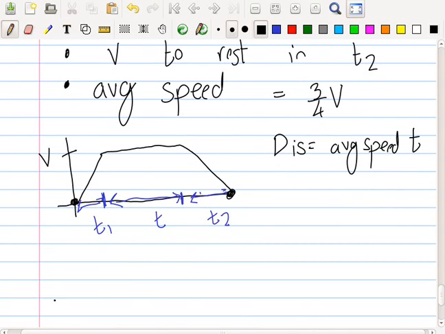From this graph, let me get the area. It's going to be 3 shapes. So what's the area of the triangle?